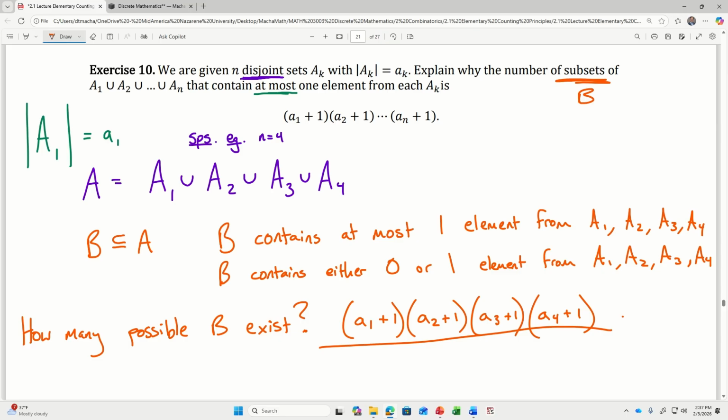If you had to choose one element from A1 and A2 and A3 and A4, then the number of possibilities would be the size of each set multiplied together. But in addition to just choosing one element from each set, you also have the option of not choosing an element from the set, which is in a way kind of like adding another element to the set. That's where the plus one comes from.